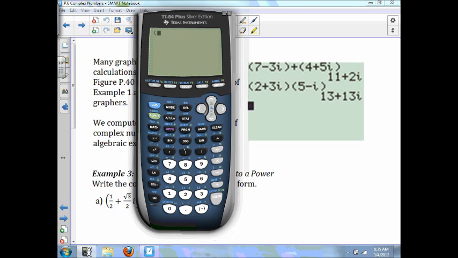So say we do parentheses 7 minus 3i, to get i it's the second button, decimal point, plus 4 plus 5i. And your calculator will return 11 plus 2i. Now, if you wanted to multiply them, 2 plus 3i times 5 minus i, you'll get the same thing here, 13 plus 13i.